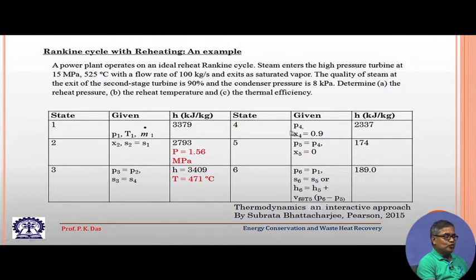If these two things are given, we can calculate the enthalpy, following the rules we usually use for calculation with the steam table. Additionally, we can calculate the entropy at state 4 also.